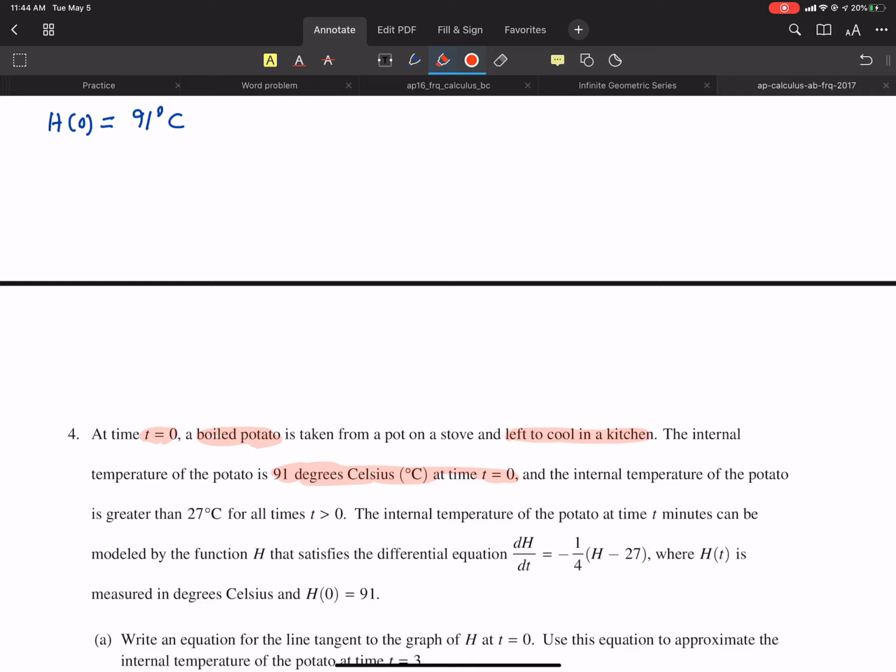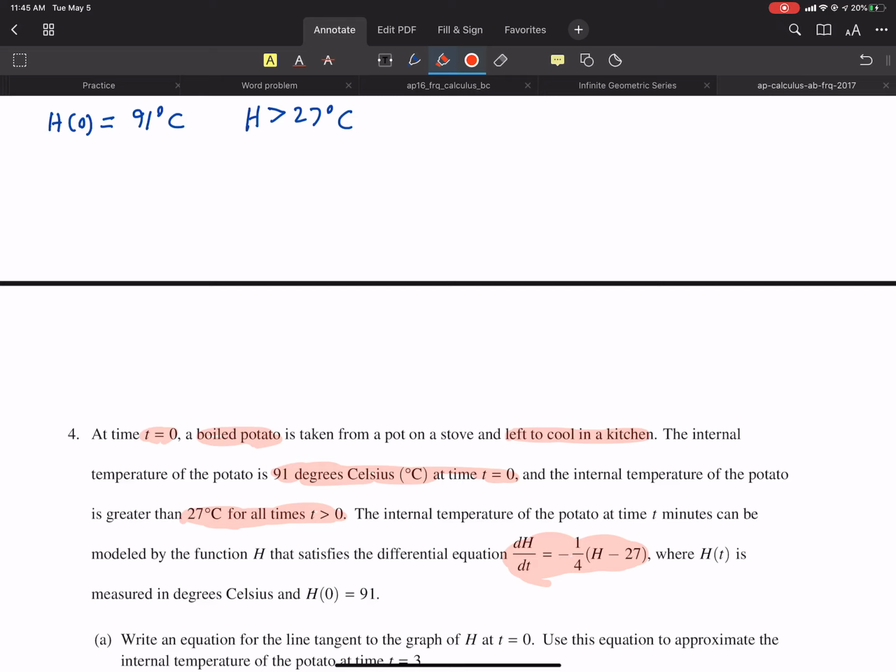The internal temperature of the potato, okay, this is important. There's a reason they're telling you that. So H is greater than 27 always. And let's keep reading. The internal temperature of the potato at time t minutes can be modeled by dH/dt, so this is the rate of change of the temperature.